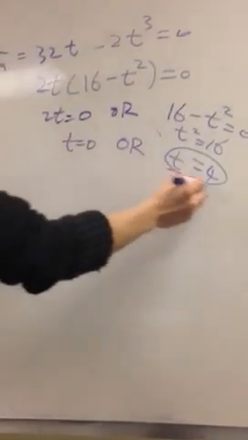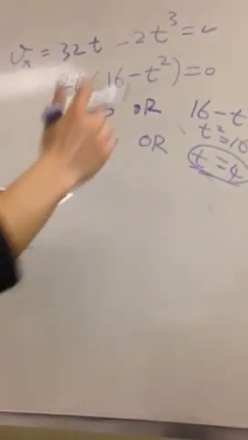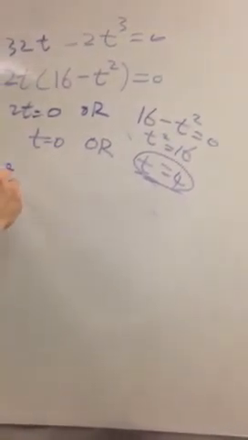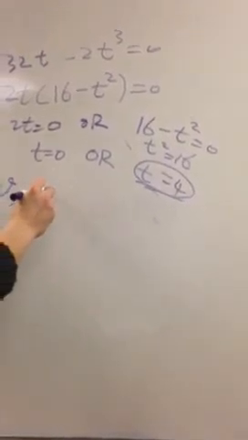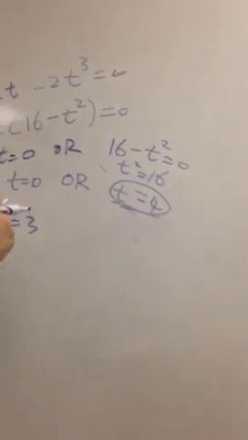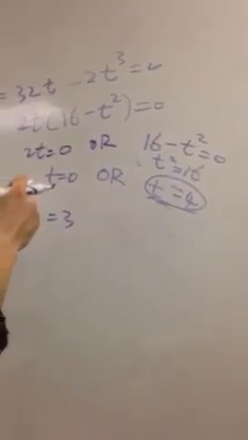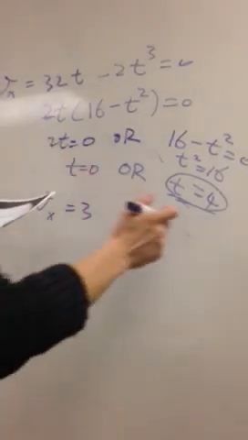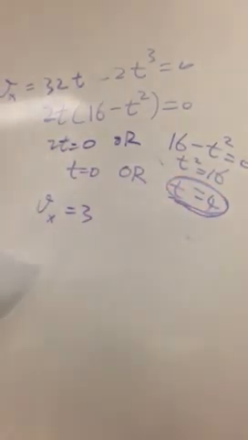So at time equal to 4, the velocity becomes 0. So at this time point, what's the velocity? Oh, it's asking the acceleration of the particle at this time point.